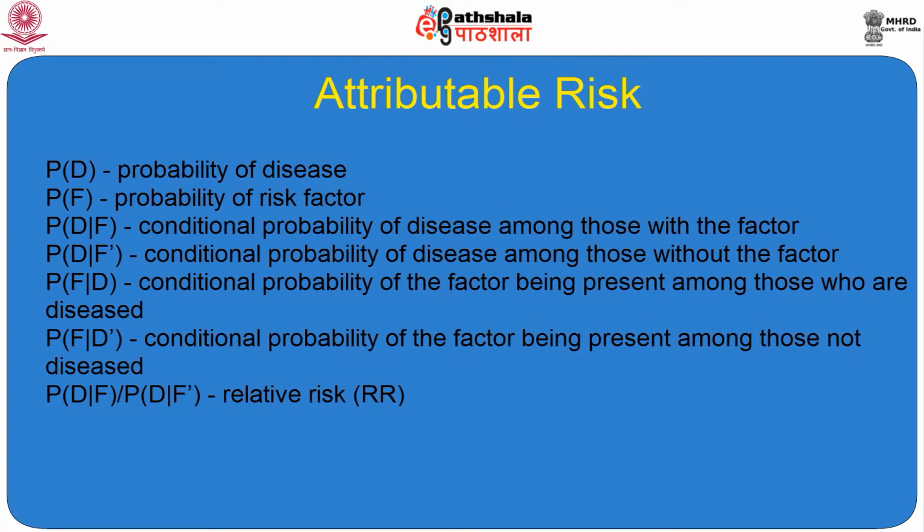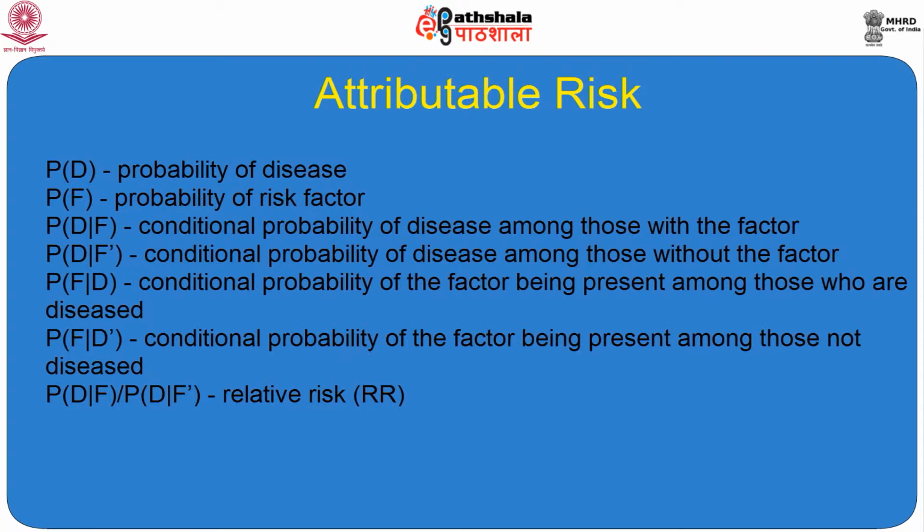So let the probability of disease be defined as probability of D, and the probability of risk factor from the sample population, those who are exposed to the risk factor, defined as probability of F. The conditional probability of disease among those with the risk factor is defined as probability of D given F, and probability of D given F complement is the conditional probability of disease among those without the risk factor.